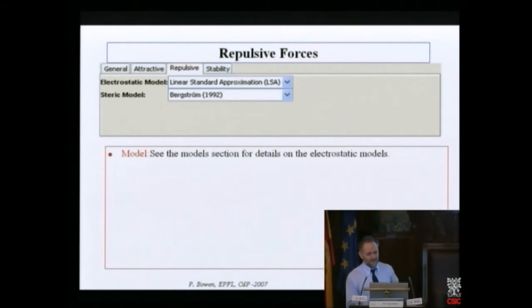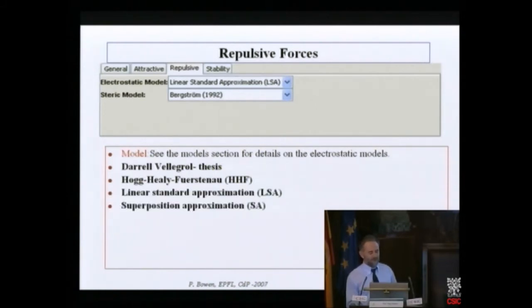Same thing for repulsive forces. We have different electrostatic models, one from Darrell Velagrol's thesis, which Robert Flatt liked a lot. We have the classic Hogg-Healy-Fuerstenau, which was developed early on. Then we have a couple of simple approximations. Sometimes when you get into the details and you start presenting this work to physicists, they say, oh yes, but this model is too pragmatic, it's not accurate.